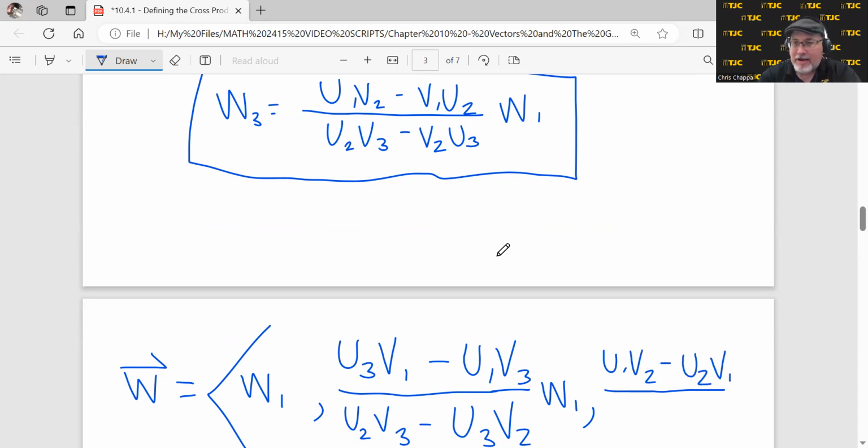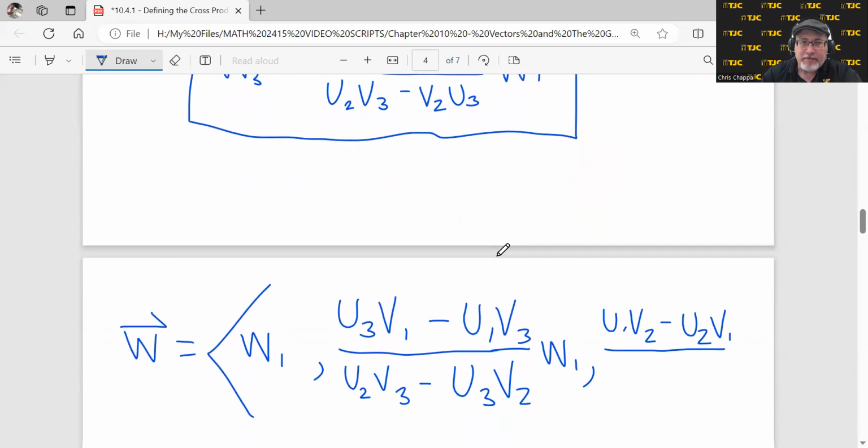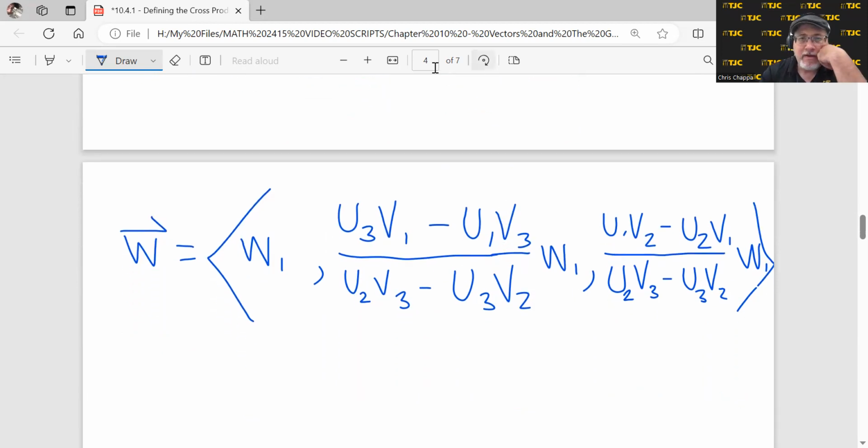I thought about it, I knew alphabetical order was better all along. The denominator is U2 V3 minus U3 V2. And all of this is multiplied by W1. Kind of ran out of room there, but I think you see what I was going for.